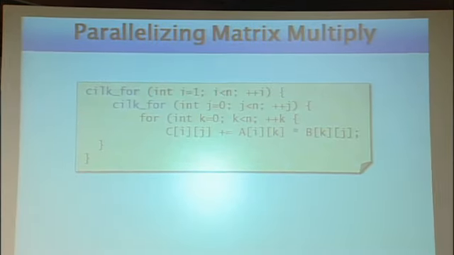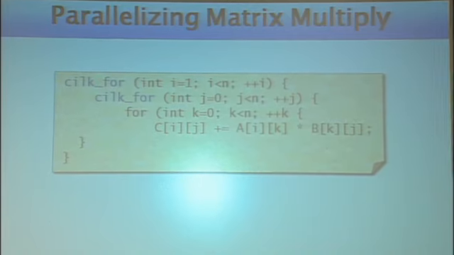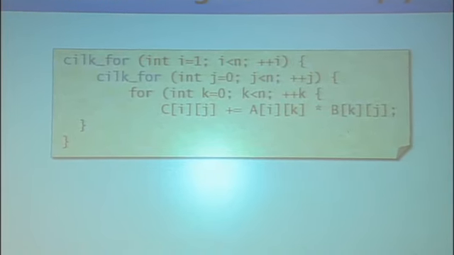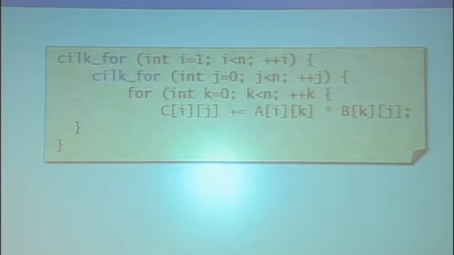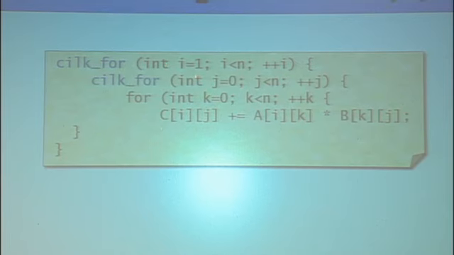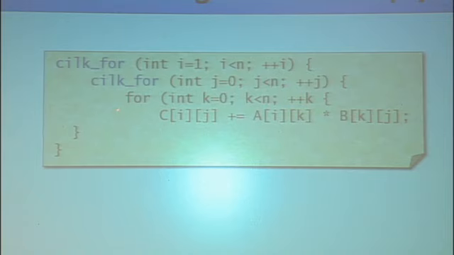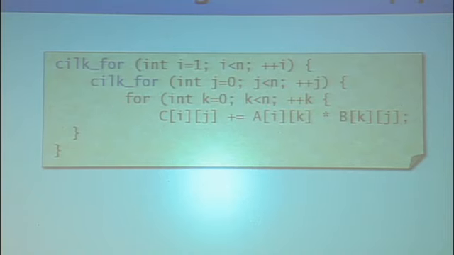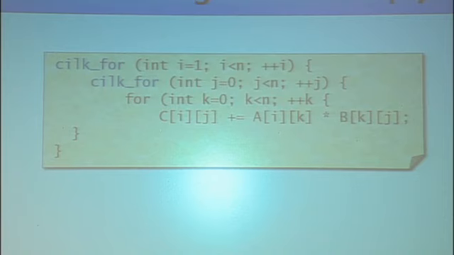So basically, let's start out with just our looping version. In fact, this isn't even a very good looping version because I've got the order of the loops wrong, I think. But it is just illustrative. So let's parallelize the outer 2 loops. I can't parallelize the inner loop. Why not? What happens if I tried to parallelize the inner loop with a cilk_for in this implementation? Why can't I just put a cilk_for there? Yeah, somebody said it.